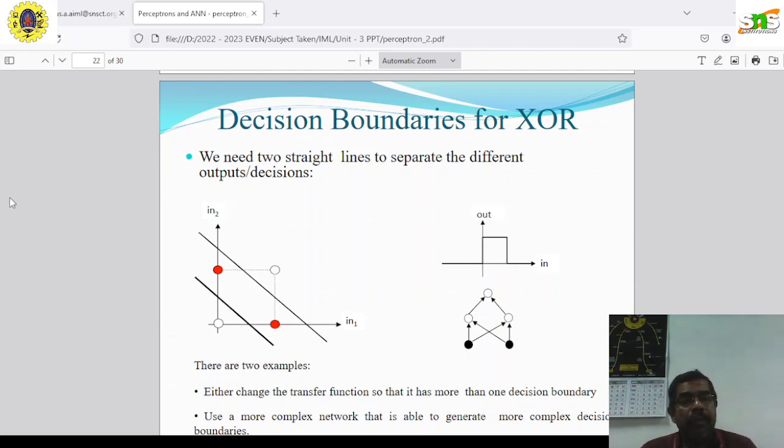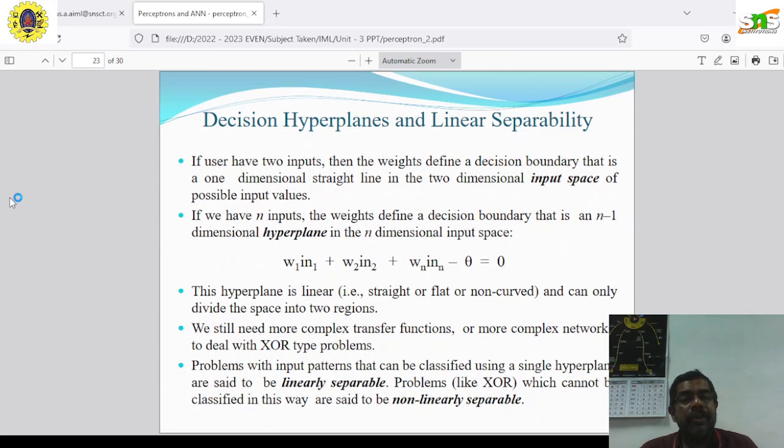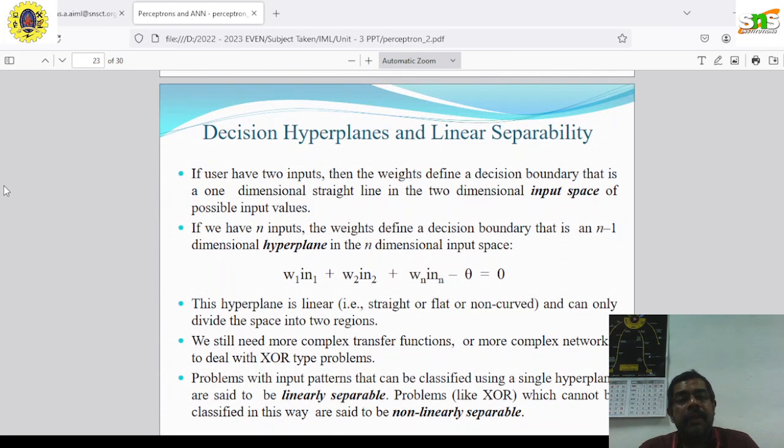Now we go on to decision hyperplanes and linear separability. If a unit has 2 inputs, then the weights define a decision boundary that is a 1-dimensional straight line in the 2-dimensional input space of possible input values.